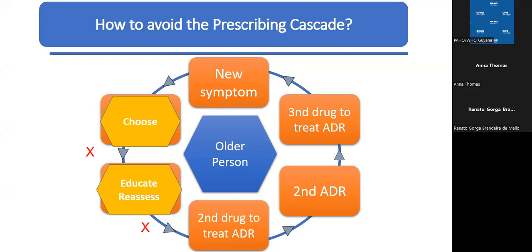If you do, you will prevent the prescription of a second drug to treat the first ADR. You won't prescribe a medication to treat the side effect. Reduce the dose, de-prescribe instead of prescribing a second medication.